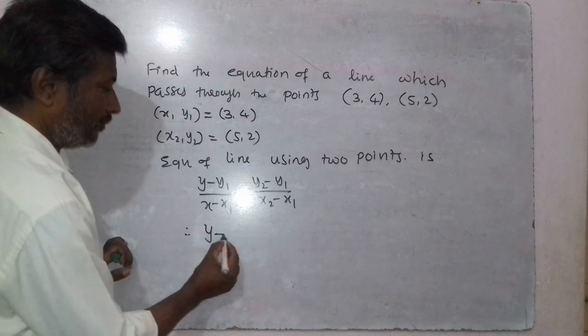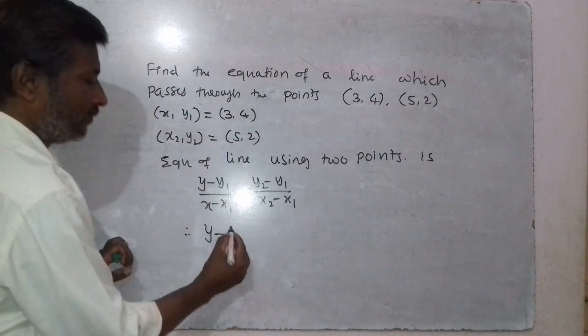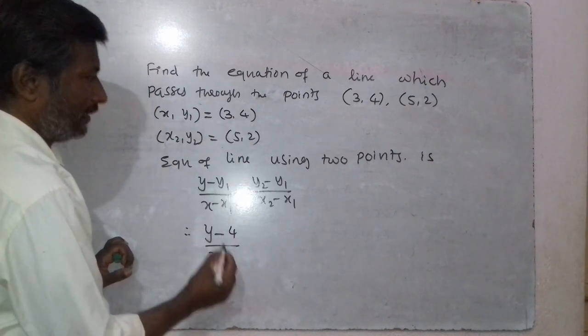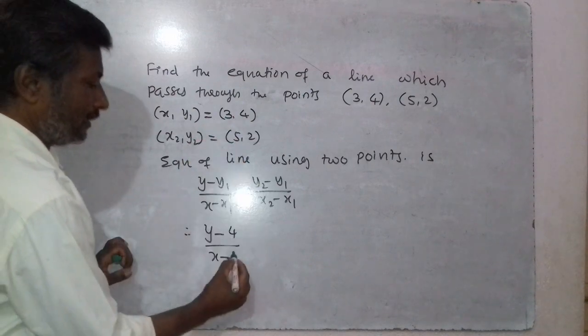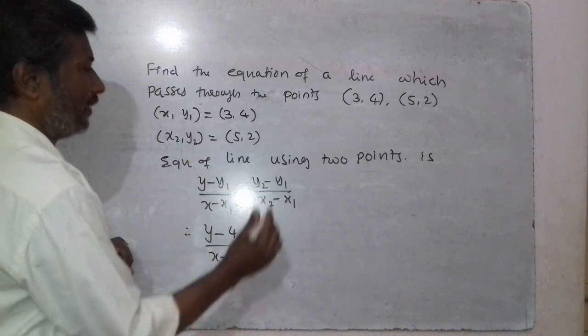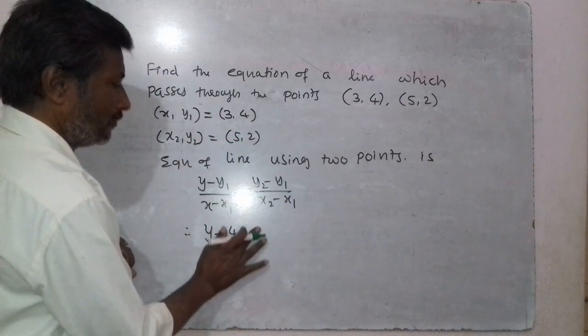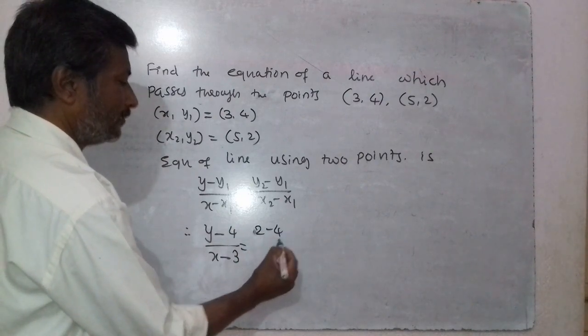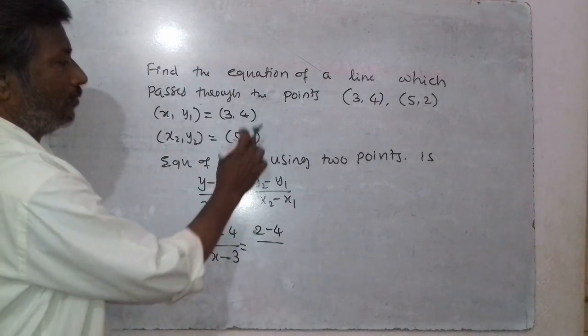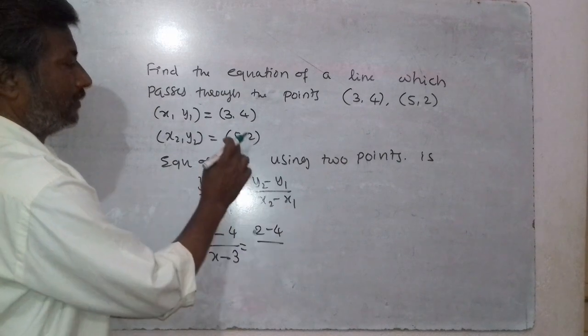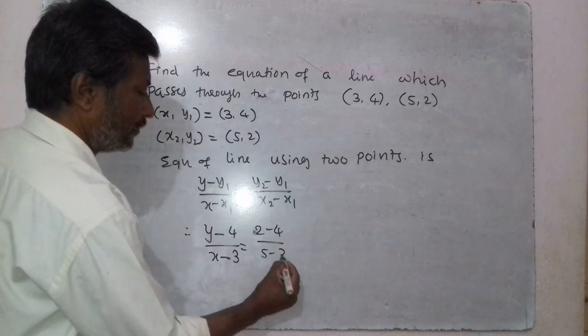Therefore, (y minus 4) divided by (x minus 3) equals (2 minus 4) divided by (5 minus 3).